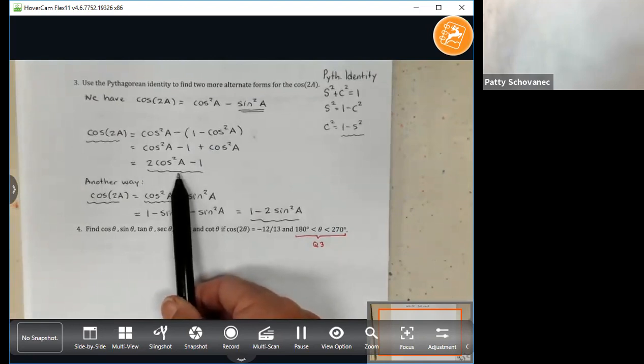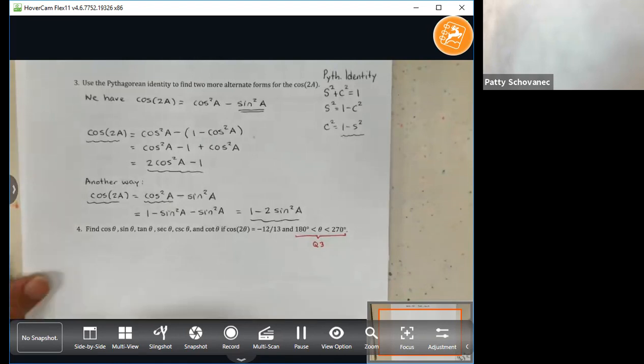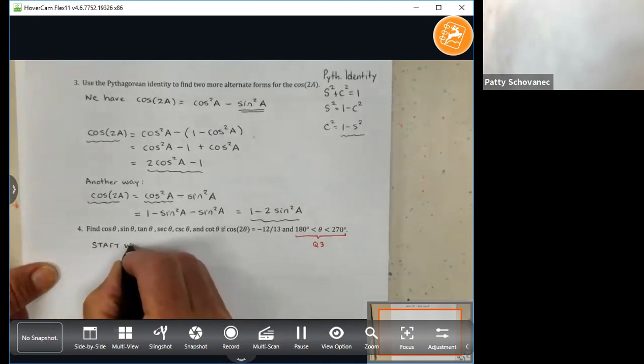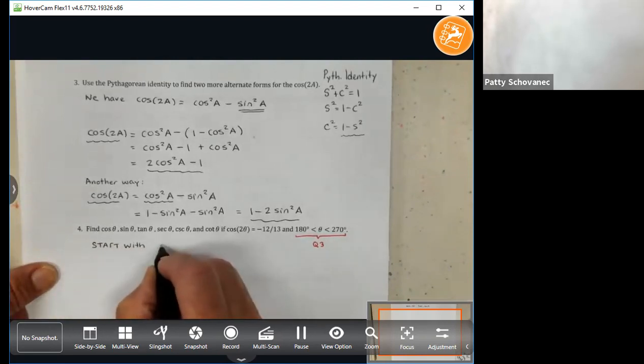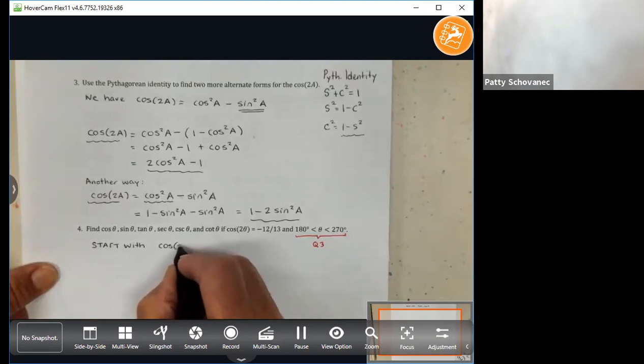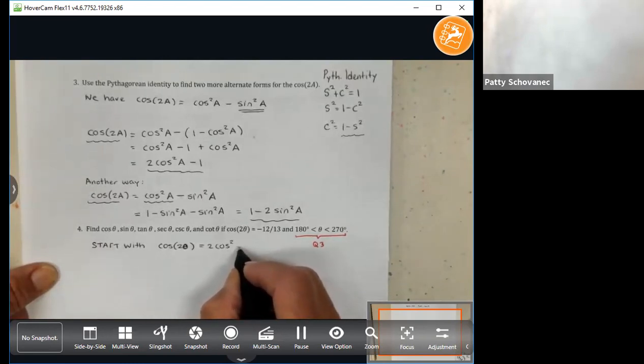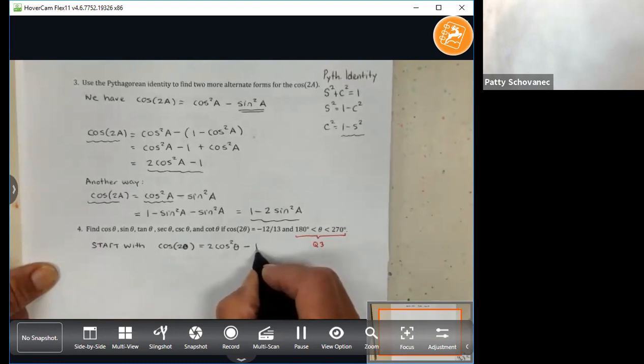And then once I know the cosine of A, I've got them all. So that's my plan. I'm going to start with the cosine of twice the angle. I better use a theta to match up here. Twice the angle is 2 times the cosine squared of the single angle minus 1.